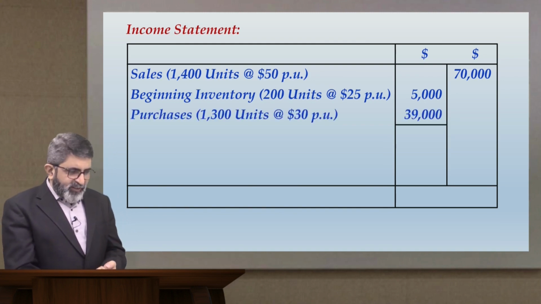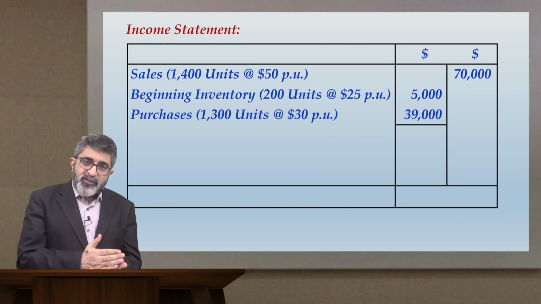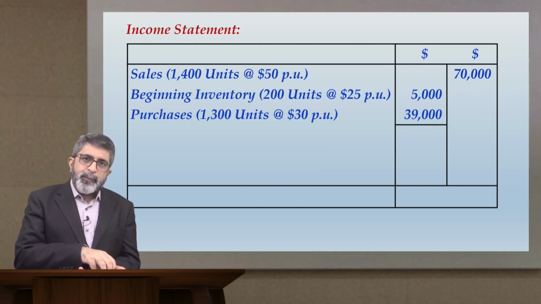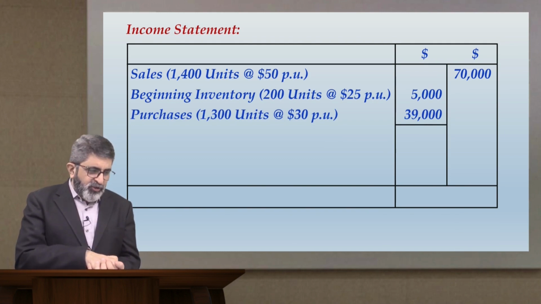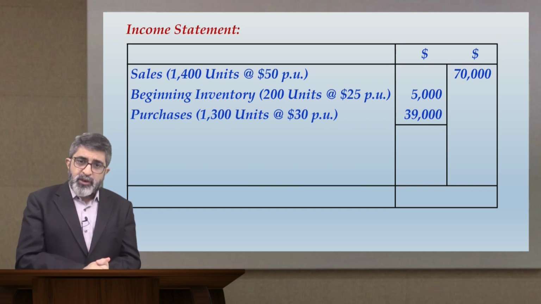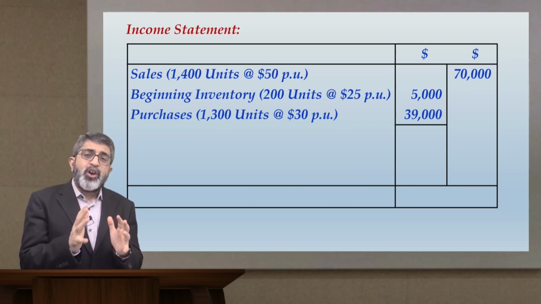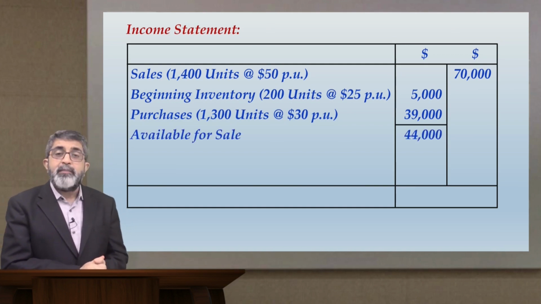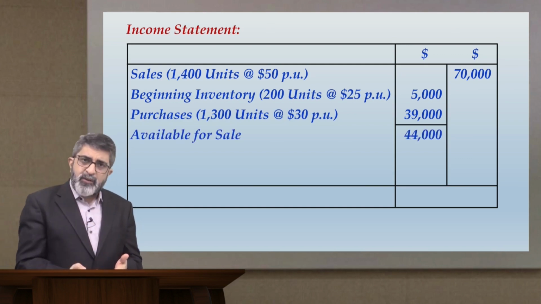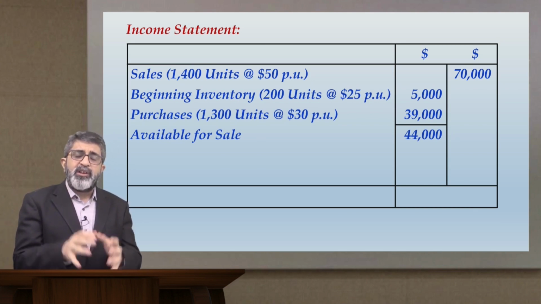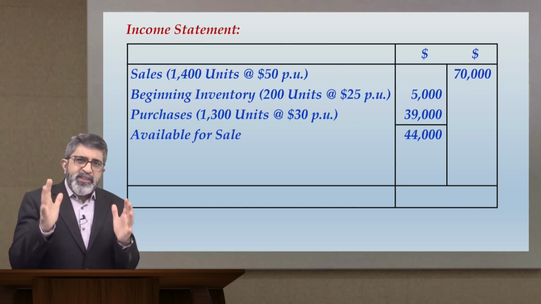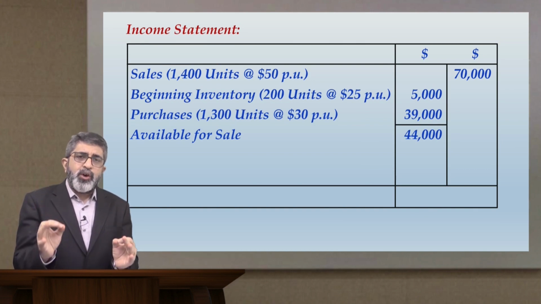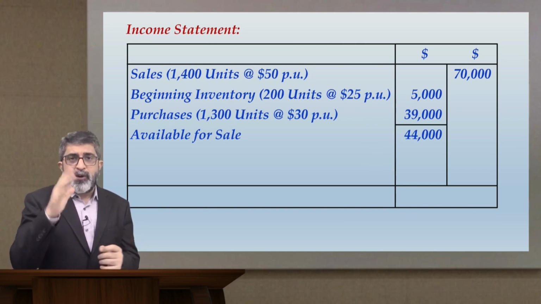You make purchases of 1,300 units, but now cost is also given. 1,300 units have been purchased for $30 per unit. So your cost becomes $39,000. So your cost of goods available for sale will be $5,000 of opening inventory plus $39,000 of current purchases. That will be your cost of goods available for sale.